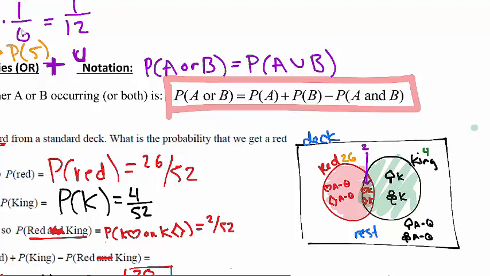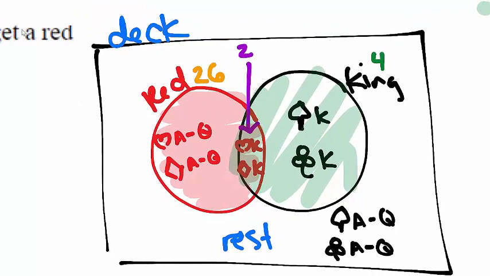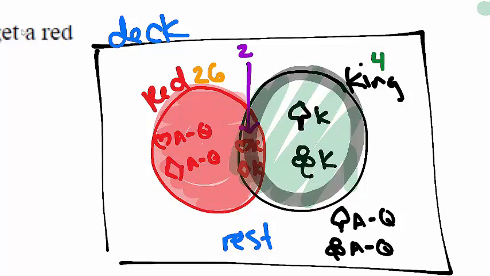So here is a Venn diagram of all the cards in a deck, okay? The red cards and the black cards. Oh, red cards and kings, that's what I've done. The whole deck, red cards and kings, okay? So I'm saying everything that's a red card lives in here, and everything that's a king lives in here.